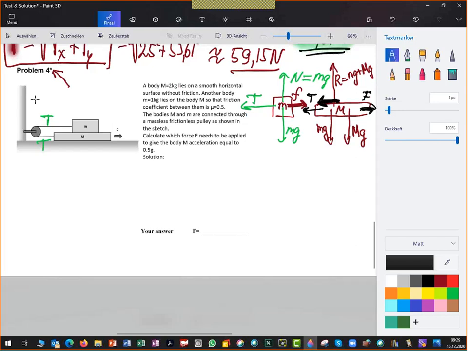because this is the friction force which appears on the interface of the body m small and m large, and it will equally act on the small body and the large body. So this was one important step that some of you haven't considered. Friction force acts equally on m small and on m large.